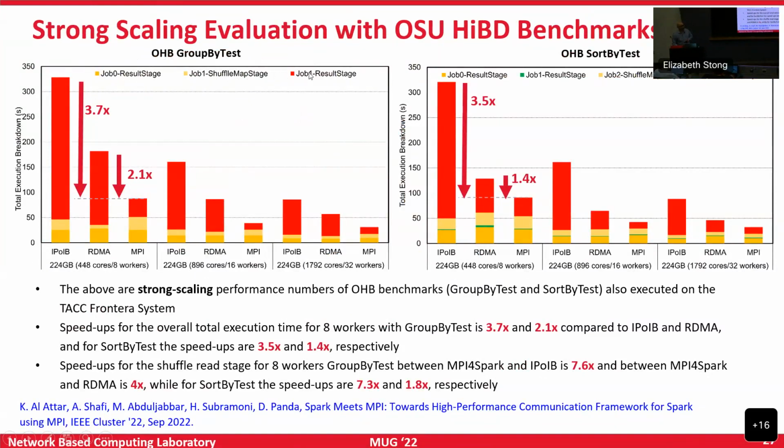The communication impact is being seen in this red part. This is light orange, and this is medium orange. If you focus on IPoIB versus RDMA versus MPI, for the MPI version you would see this red part has been reduced, and this is basically the shuffle communication. Okay, cool.